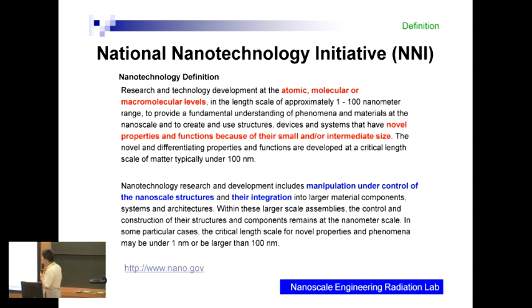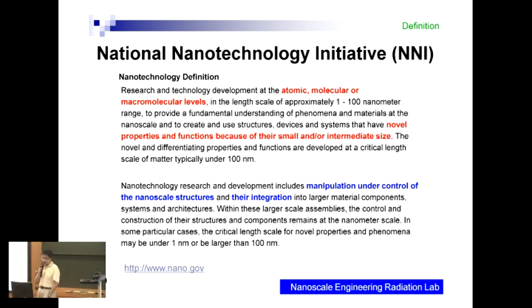The second paragraph gives you the nanotechnology research and development, the contents. What does it contain? First thing, manipulation. Okay? And within these larger assemblies, basically you can control the composition of their structures and remain at a nanometer scale.